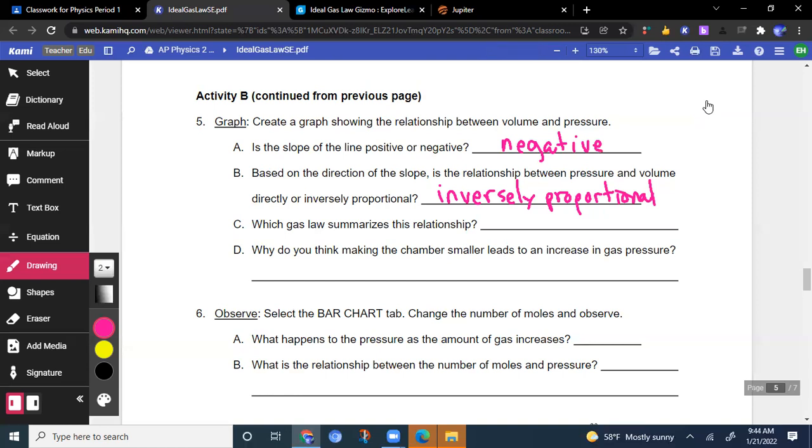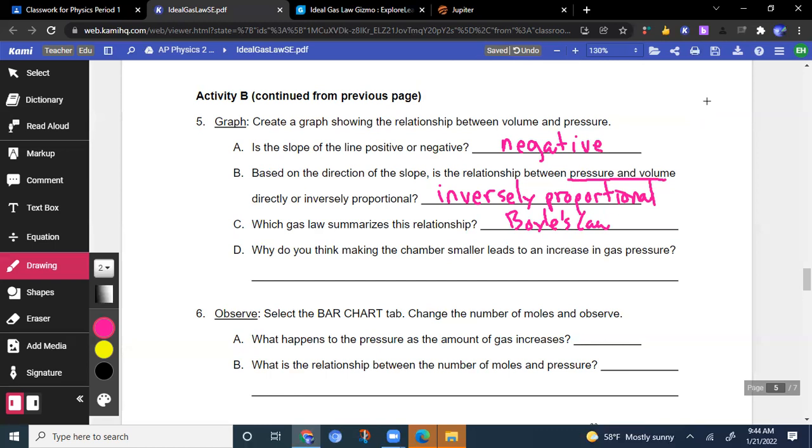Which one is it? It's Boyle's law. Boyle's law was what we did in part of activity A yesterday, that summarized the connection between pressure and volume.